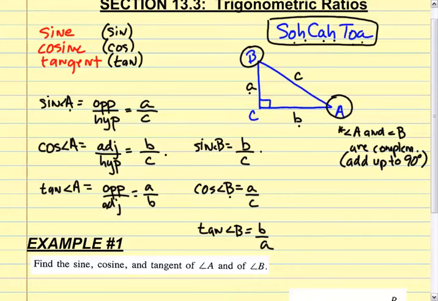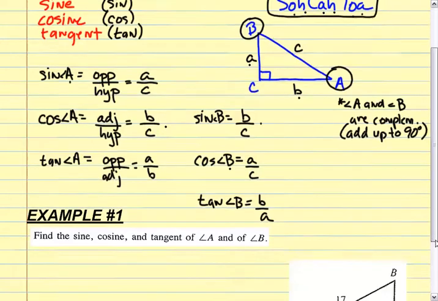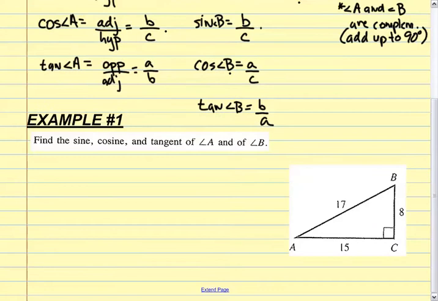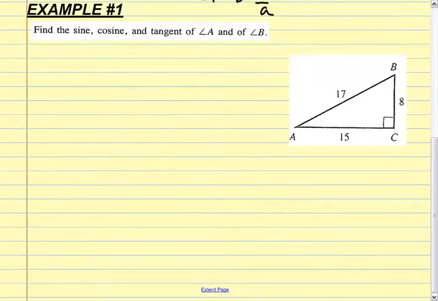All right? Now let's go down here and look at example number 1. It says, find the sine, cosine, and tangent of angle A and of angle B. Not hard, not bad. Sine angle A. Remember, sine is opposite over hypotenuse. Here's A, so the opposite side is 8 over the hypotenuse, which is 17.